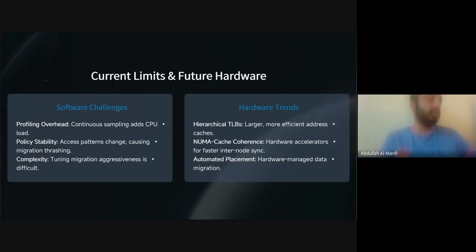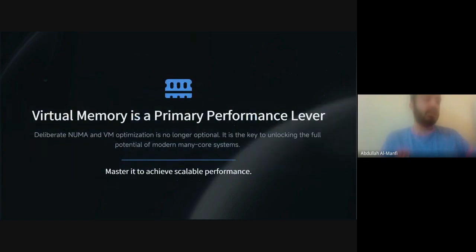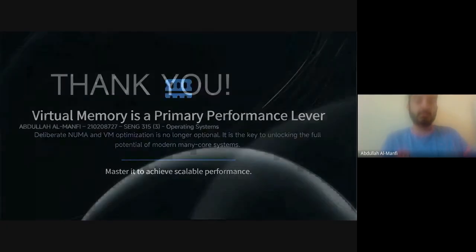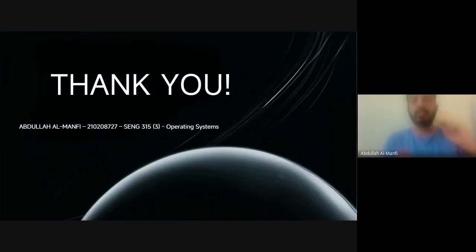The main takeaway is that virtual memory has become a primary performance lever on many-core NUMA systems, and virtual memory and NUMA optimization is very important for scalable performance.